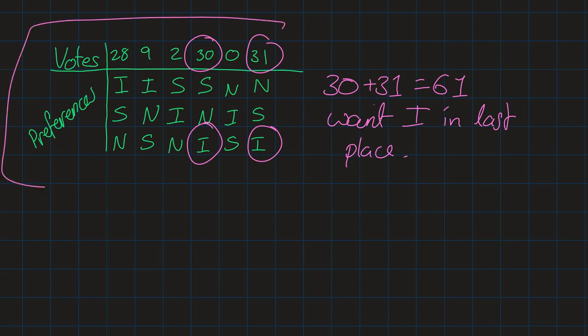Taking all of this information about how the electorate voted, how they feel, and trying to produce some sort of outcome, some sort of ranking. That's what voting theory is. And that's what we're going to spend the next few classes, the remainder of this module, talking about. Okay, that's the end of this example, and that's the end of this video.